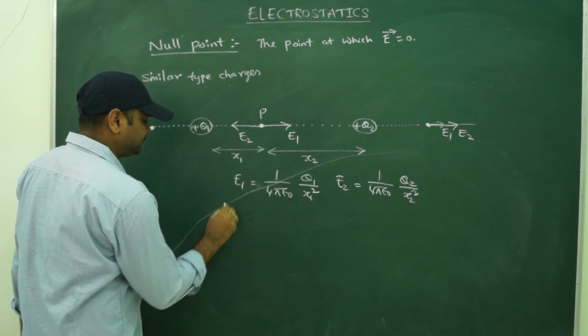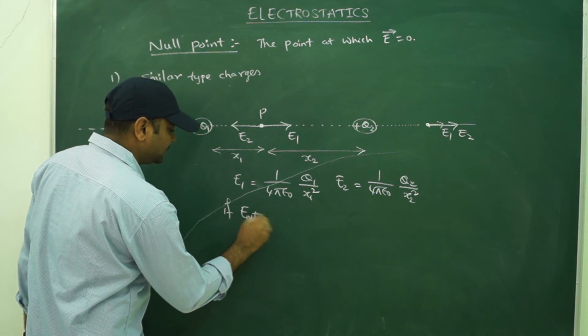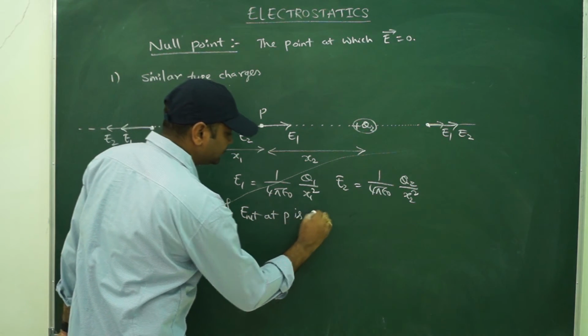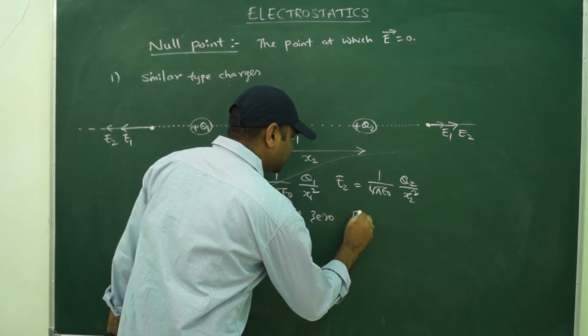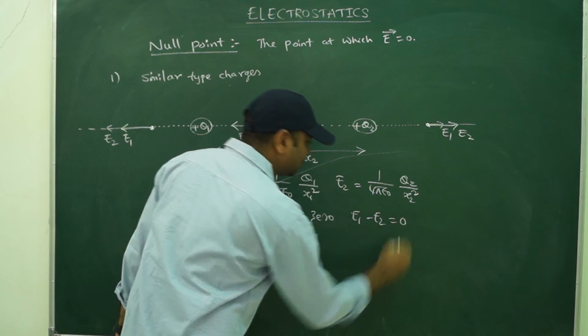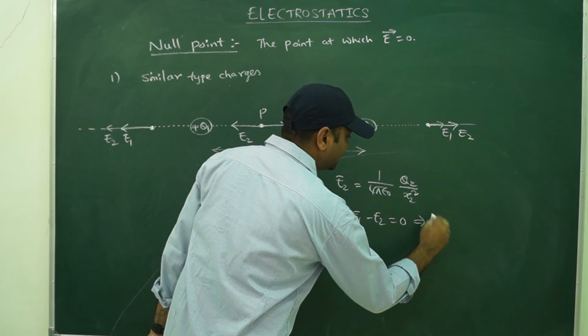So if E net at P is 0, that means E1 minus E2 should be equal to 0. That implies E1 is equal to E2.